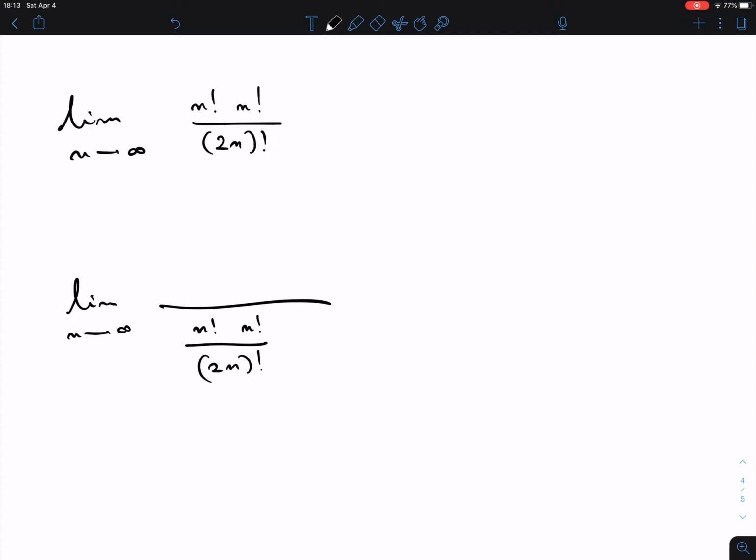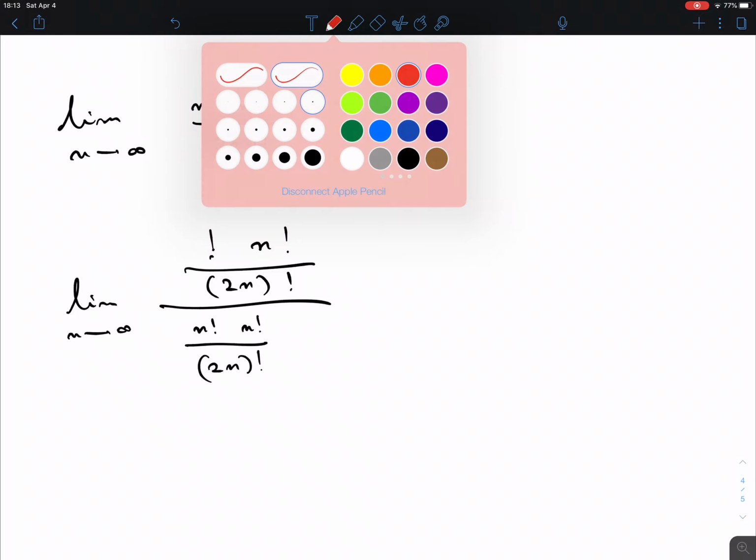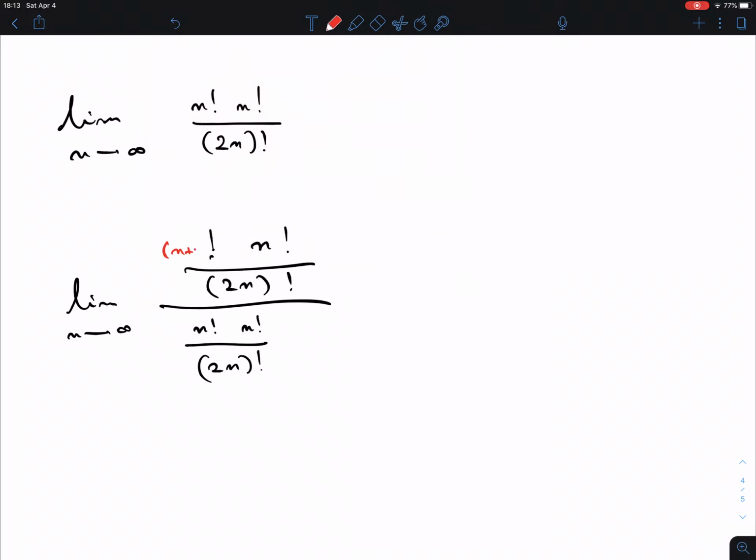Again, everything is positive, so I'm not writing absolute value signs anymore. So again, I'm going to replace each n by n plus 1, right? The first one will be n plus 1, in parentheses, because it's a sum.